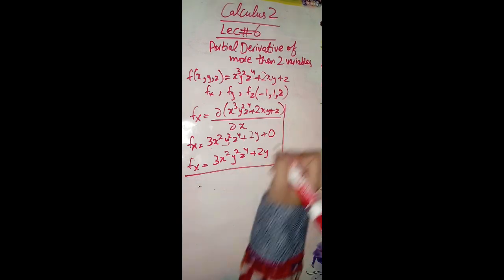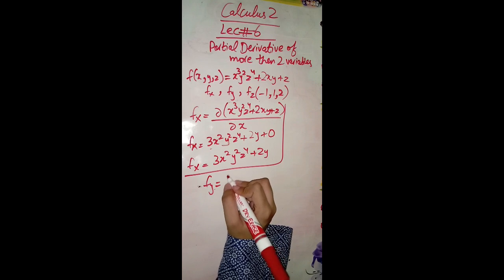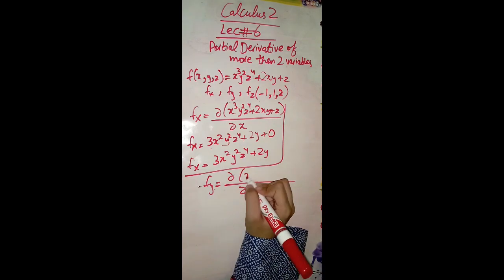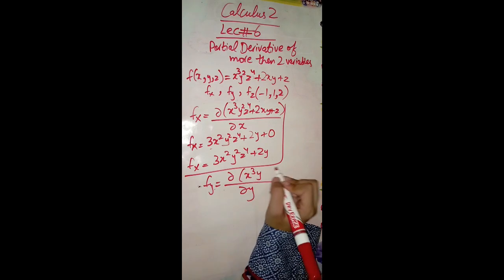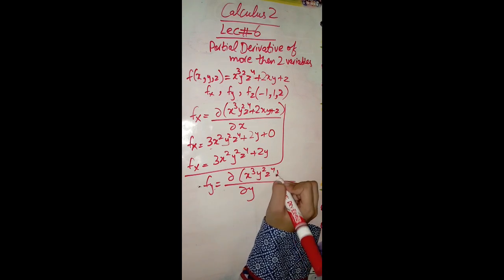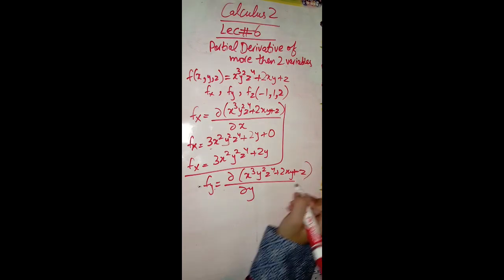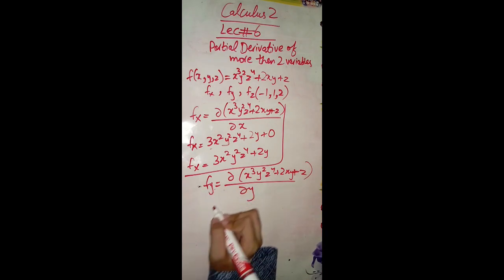Now we will take fy, which is partial by partial of y of our expression x cube y square z^4 plus 2xy plus z. For this we will take x and z as constants.